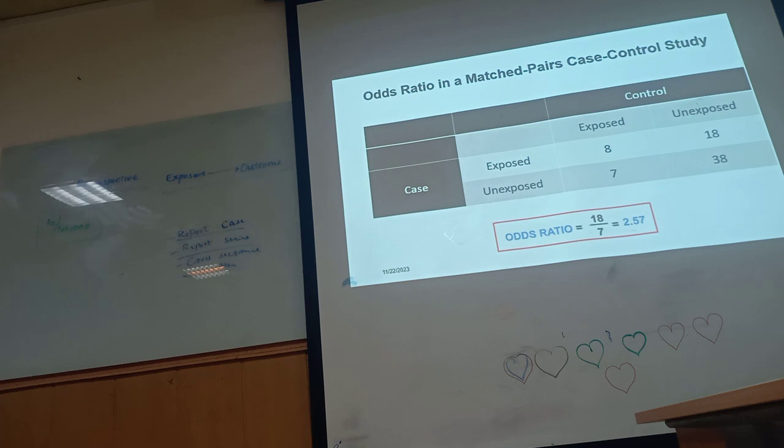It means that 2.65 times the risk of disease is higher among exposed, and it's 2.76 times. So, just the way of calculation is different, but the interpretation is the same.